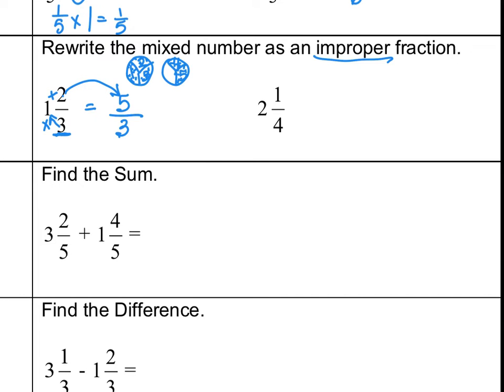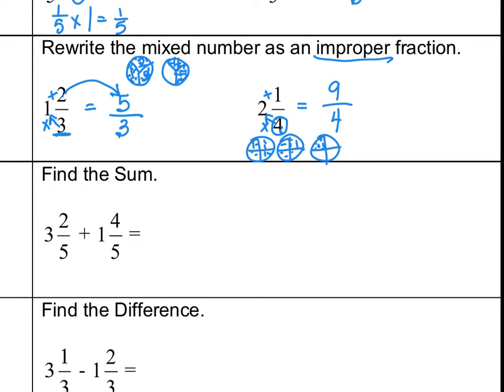Okay, so now let's try this one. And let's start with a trick. 4 times 2 is 8, plus 1 is what? 9. And the denominator stays the same. So there it is as an improper fraction. What it would look like if we drew it out, and we're drawing fourths, we have to have 2 wholes. We're talking about all of these pieces. And then just 1/4 of the last whole.